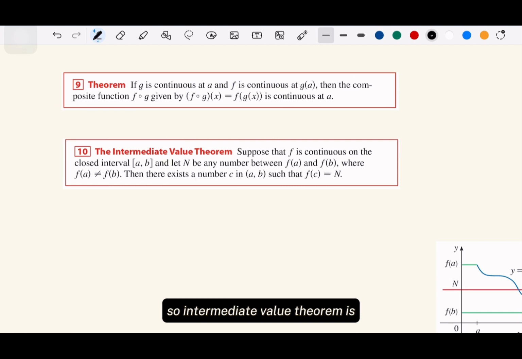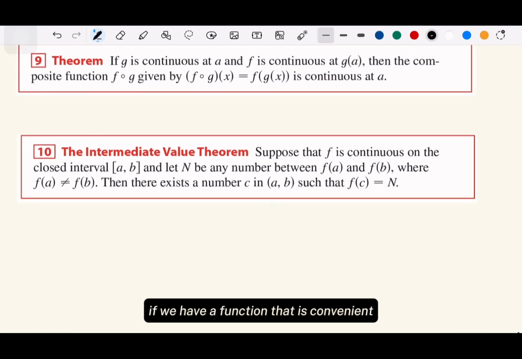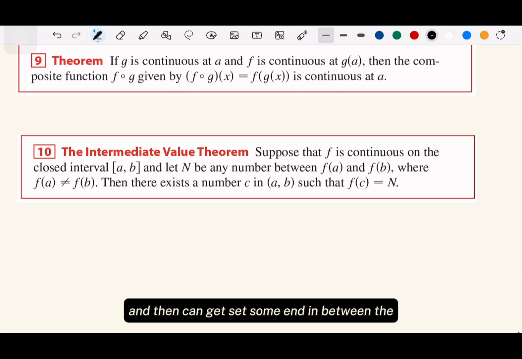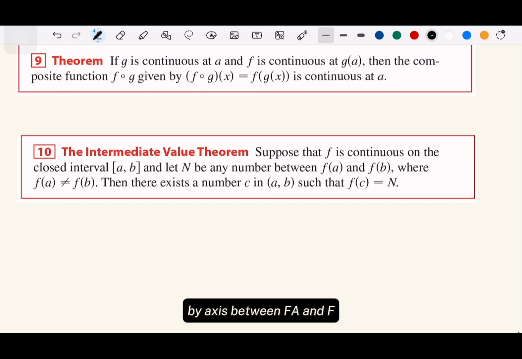So the intermediate value theorem is: if we have a function f that is continuous on a closed interval from a to b, and we set some n in between fa and fb on the y-axis, then there will be a number c in between the interval ab, such that when we plug in c, we are going to get n.